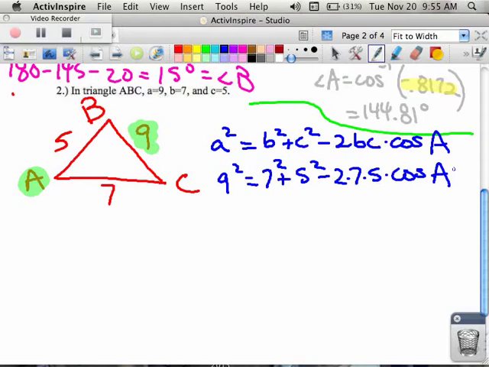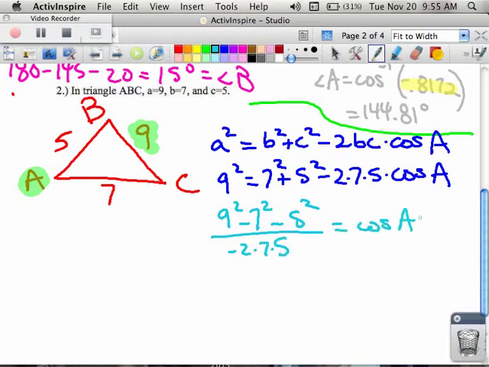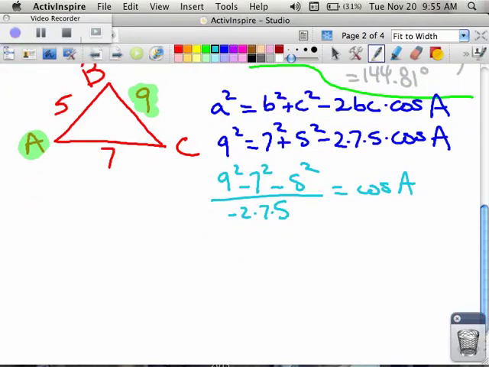I divide by the number that's in front of the cosine, and now when I have this all written out, what I see is that my 9 squared minus 7 squared minus 5 squared all over negative 2 times 7 times 5 will be equal to the cosine of angle A. If I divide all that out and solve it using the inverse, I should find out that A is equal to 95.74 degrees.